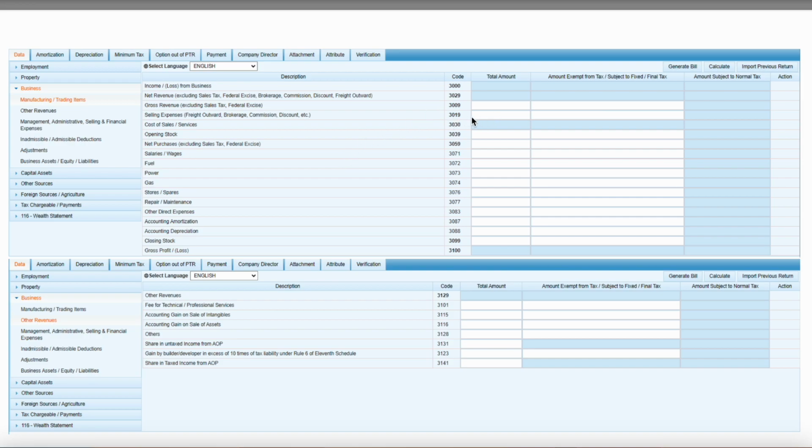The other field here, and you can see that the code is given, 3000 is the general code, and this gross revenue was 3009. If you have made any selling expenses, freight outward, brokerage, commission, discount, it will come here. And if you then push this calculate button, it will calculate the cost of sales or the cost of services. So manufacturing and trading businesses will definitely come here, because in the next video we will discuss opening stock and other things.